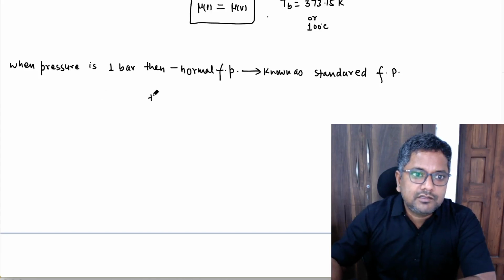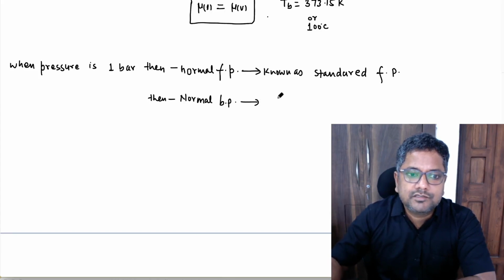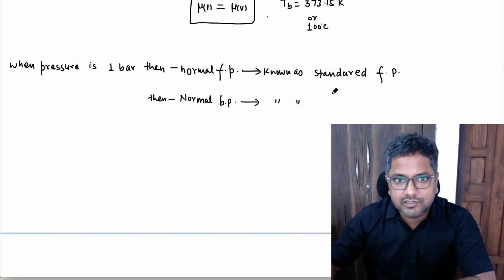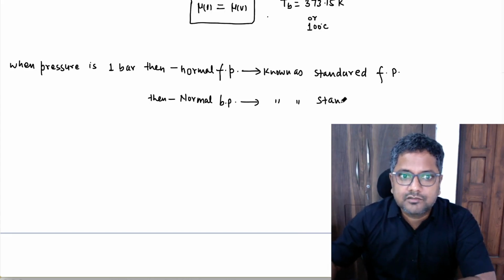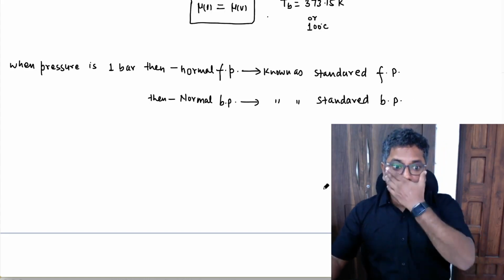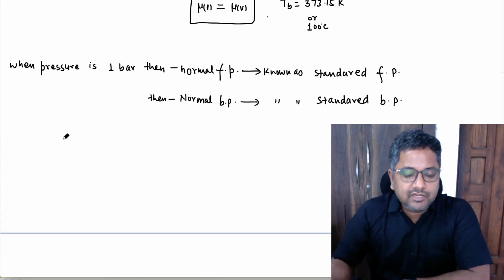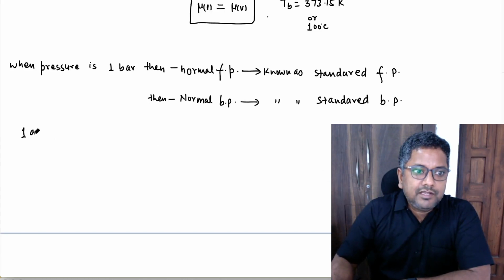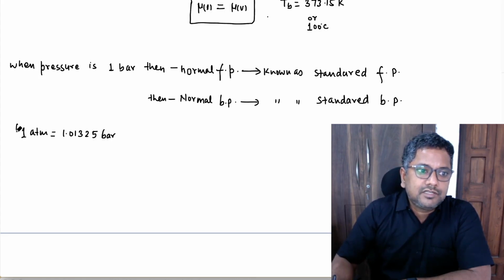And then the normal boiling point is known as the standard boiling point, right? And all of you know the relation between 1 atm and 1 bar. See, 1 atm is equal to 1.01325 bar. So this is the relation.